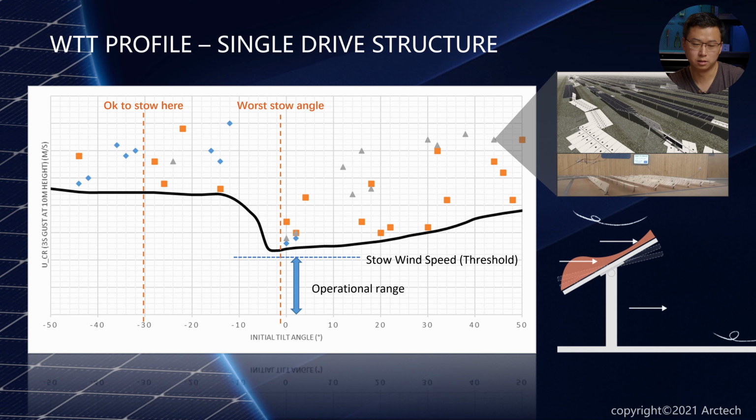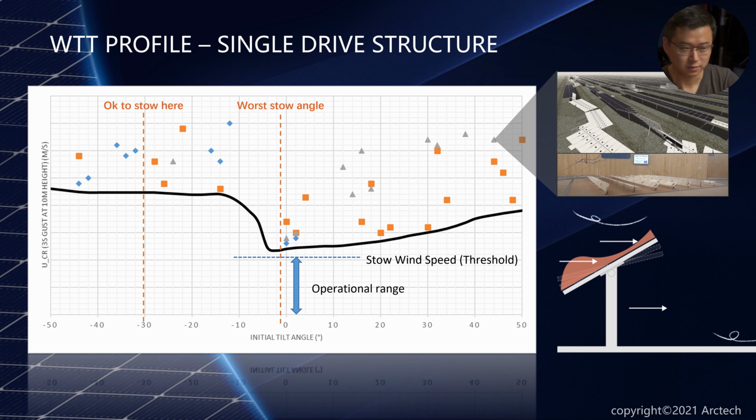So we set the tracker, actually a little model, at different angles and do the test multiple times, and then we have all these dots, and we can find that they are all above a certain line. So the safety line is the black line. Below that is safe. That's correct. And above that, there are potential damage points for different test conditions. So we call this line the critical wind speed.